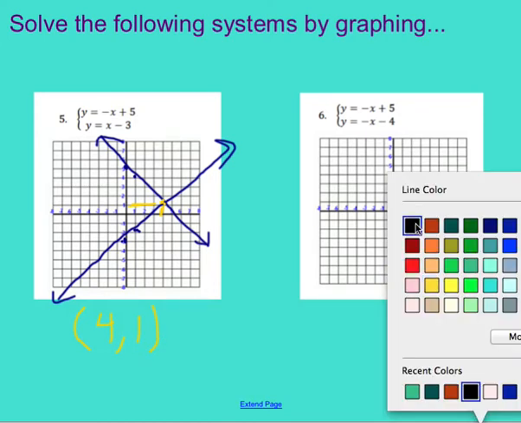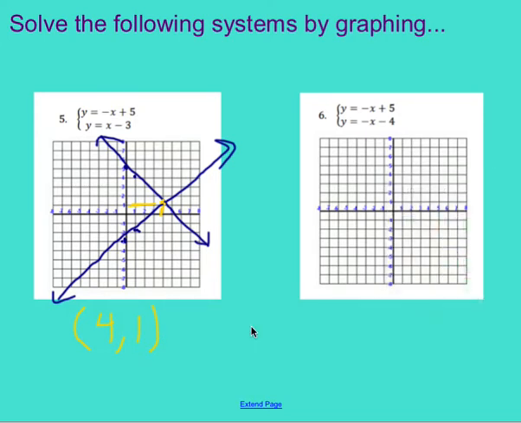So let's take a look at this next one. So we're crossing the y-axis at 5. Then we're going down 1 over 1. So I can go ahead and draw in that line. Here we're crossing at -4. Then we're going down 1 over 1. Well, here's the problem. What I should have noticed from the very start of this is that these two equations have the same slope. If it just says -x, that's the same as -1 over 1.